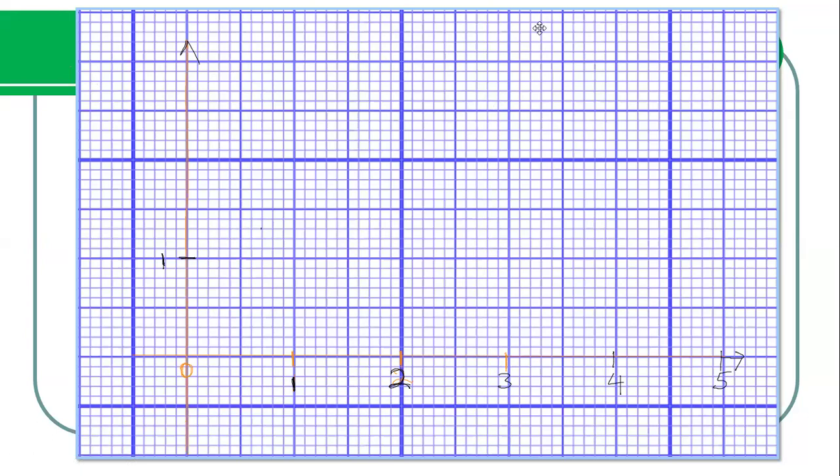Now for you, make sure on your graph you have the negatives. Me, I'm putting them there. So make sure you have your negatives there.